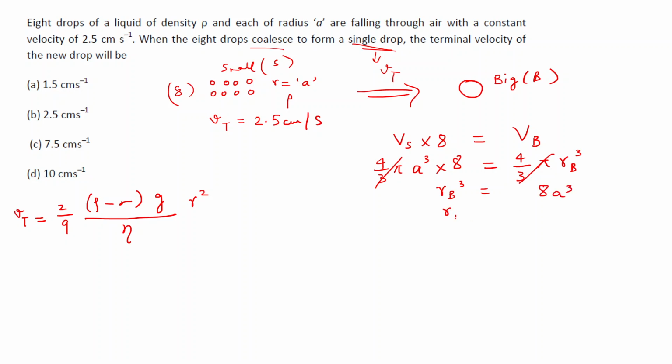That means the value of RB is cube root of this. Cube root of 8 is 2 and cube root of a cube will be a. That means we got one parameter from here. The radius of the big drop will be twice of a.